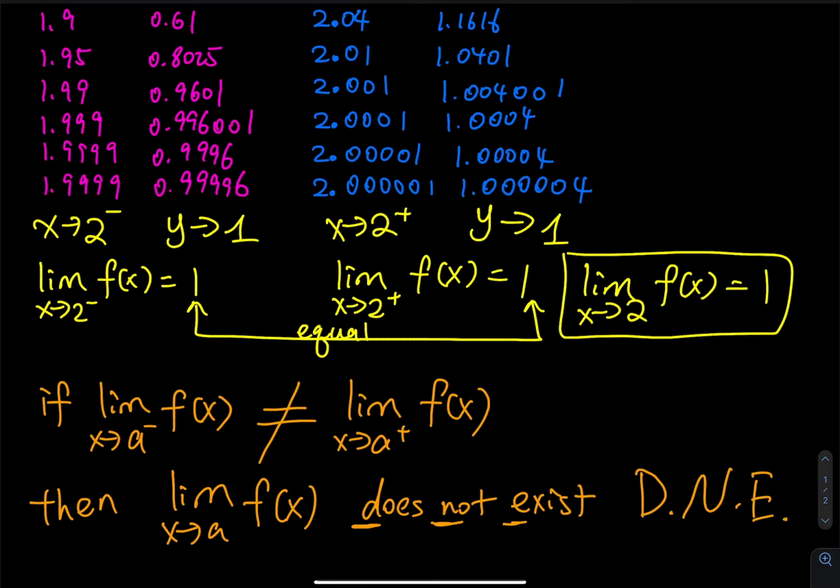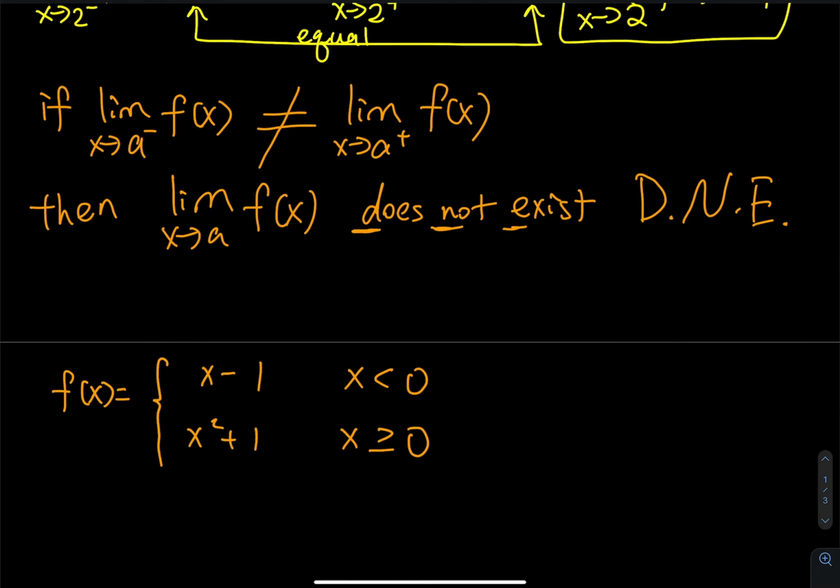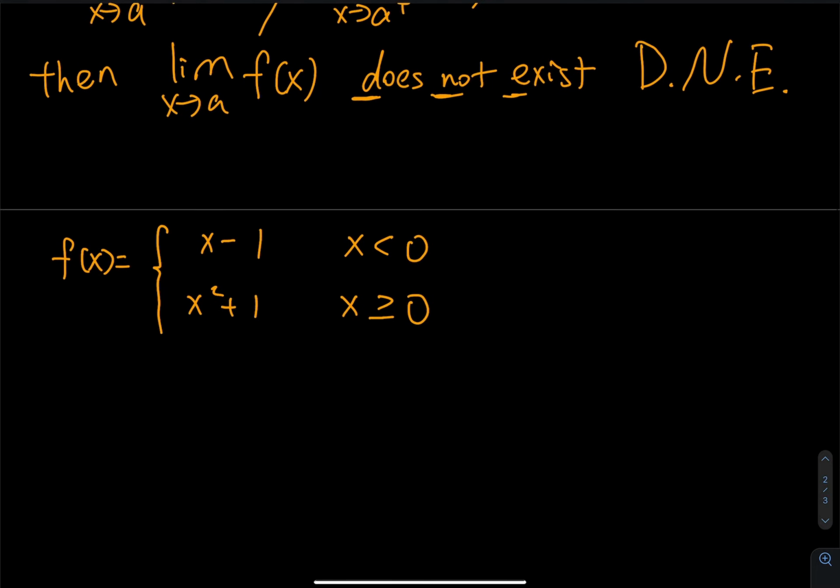So let me give you an example regarding this. The example that I would like to do is f of x as a piecewise function. Let's do x minus 1, and then x squared plus 1. Wait, let me restate: x minus 1 with the subdomain x less than 0, and x squared plus 1 with x greater than or equal to 0. So this one, what happened?